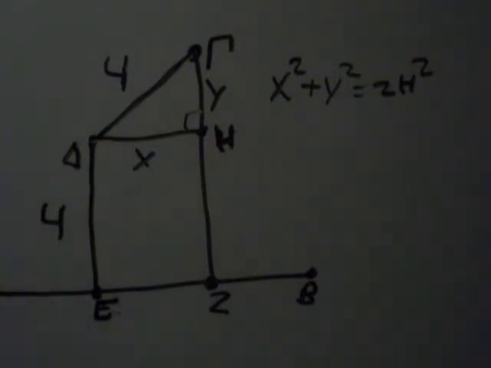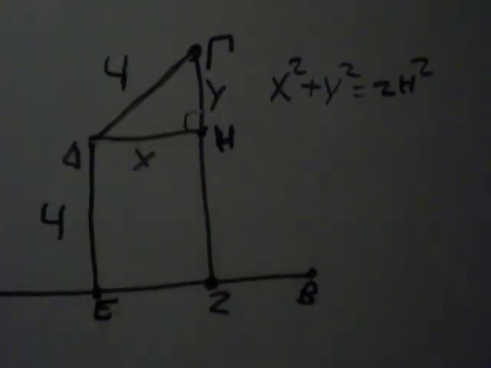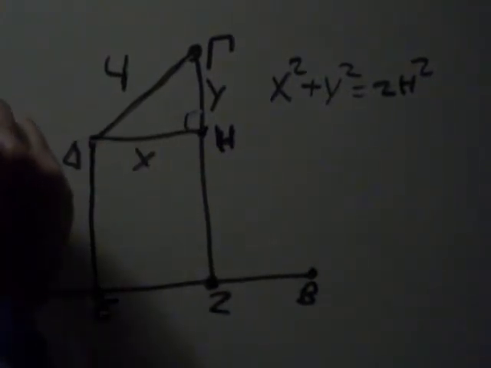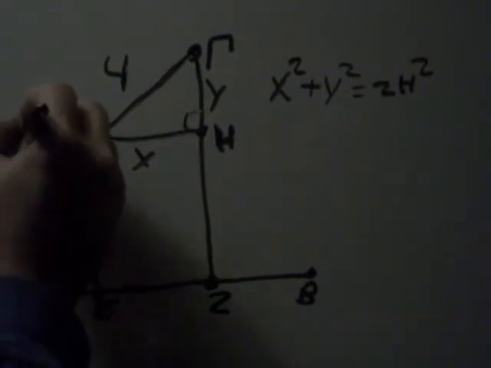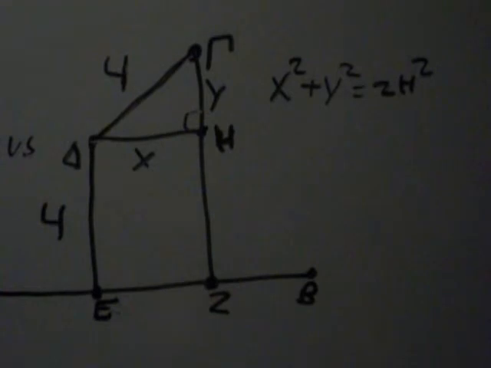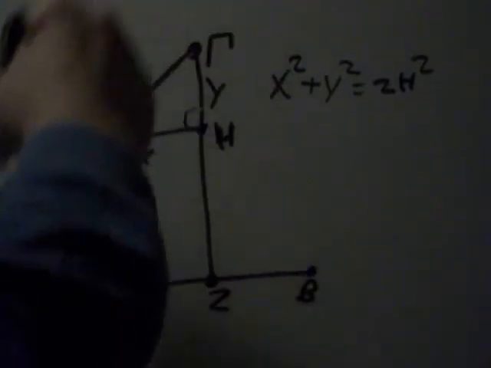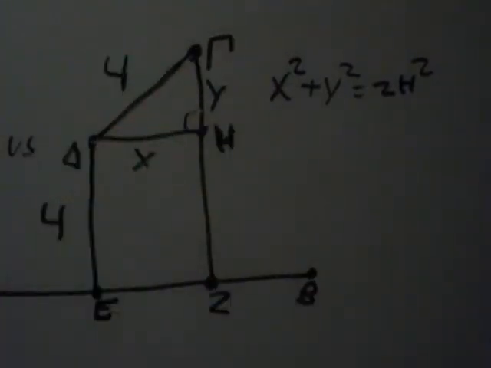Now then, you say, well, what is this? What is this point? Why is it so important? Well, I'll tell you why. Because it's the focus. Delta here is the focus of a parabola. Whether it's going up or it's going down, doesn't make any difference. This is the focus of a parabola.